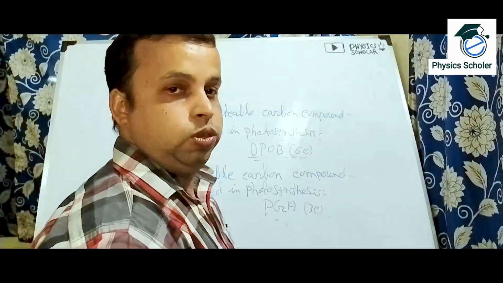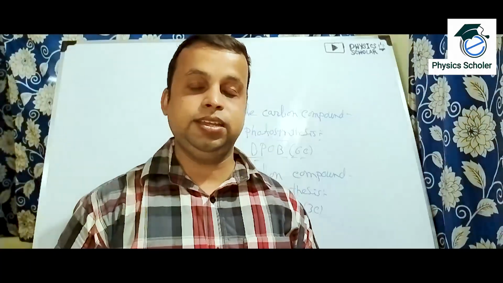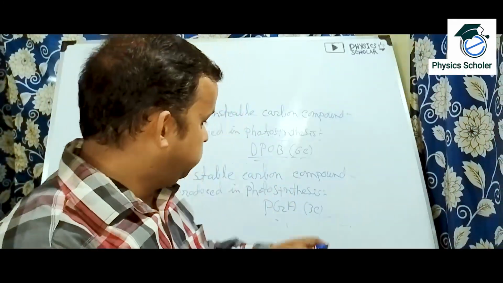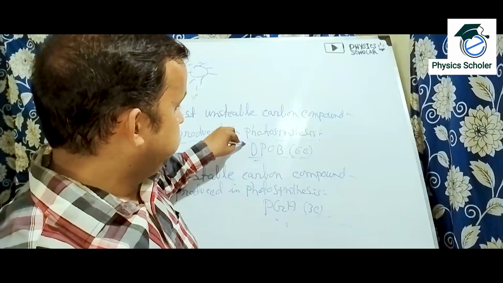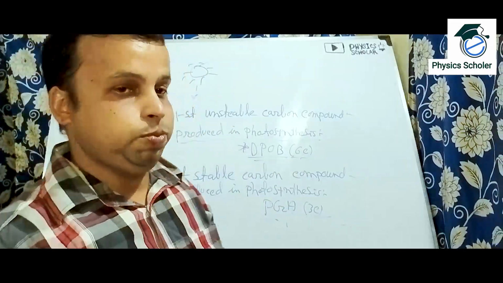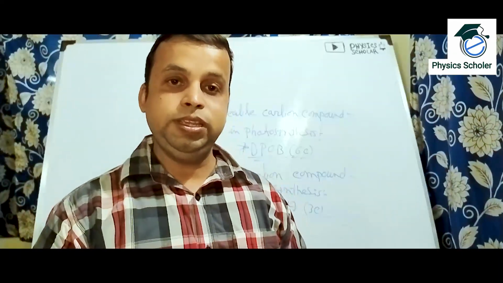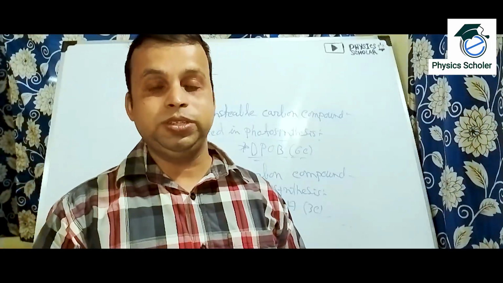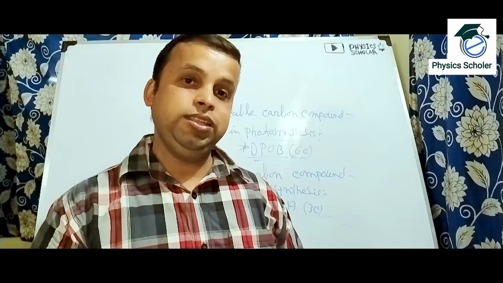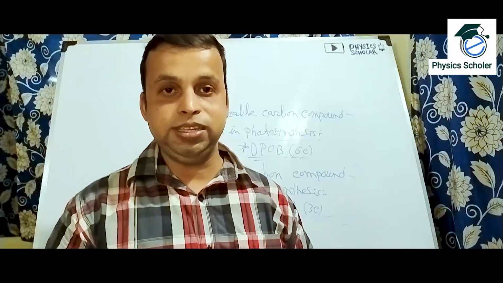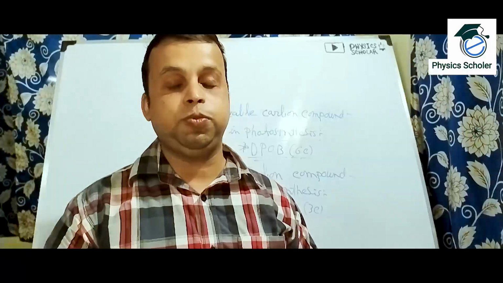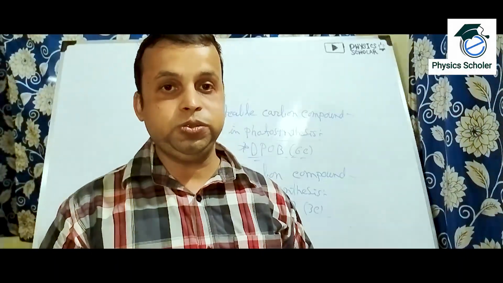So phosphoglyceric acid is the first stable carbon compound which is produced. In most books it is written as PGA. Clear? The unstable compound will be the first unstable carbon compound produced during the dark phase reaction of photosynthesis, and the PGA, phosphoglyceric acid, will be the first stable carbon compound produced during the dark phase reaction.